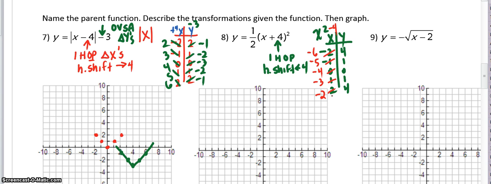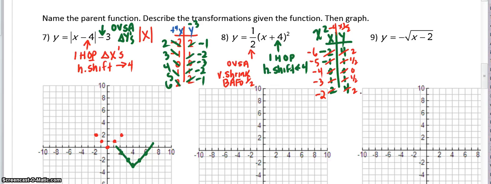Okay, the next thing that I'm going to do is I'm going to notice that this is on the outside, which is vertical and the same as it says. It's multiplying. So this is a vertical shrink by a factor of 1/2. Basically what it means is that we're going to either multiply our y's by 1/2 or divide them by 2, however you want to think about that. So that's 2, that's 1/2, that's 0, that's 1/2, and that's 2.